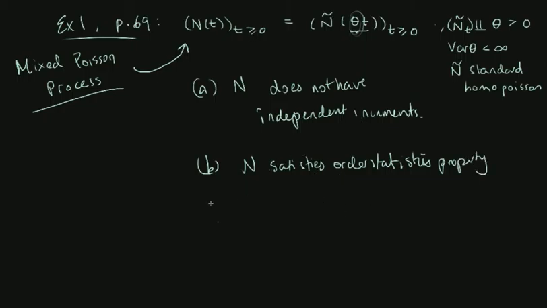And then in C, we will find out that N(t) in the mixed Poisson process is not Poisson distributed. So the distribution of the claim numbers is not something that the mixed Poisson process has in common with the traditional Poisson process.